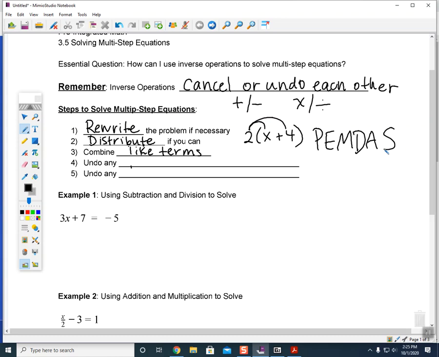That is no longer the case in terms of equations. So the first thing that we're going to want to do is undo any addition or subtraction first. Once we've done that, I'm going to then undo my multiplication and division, and I will show you why.